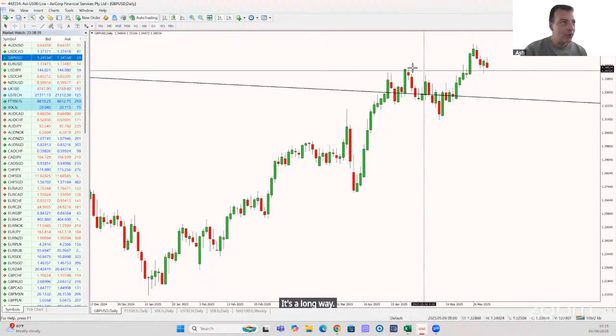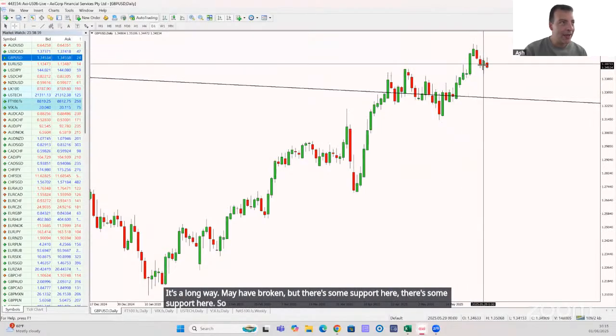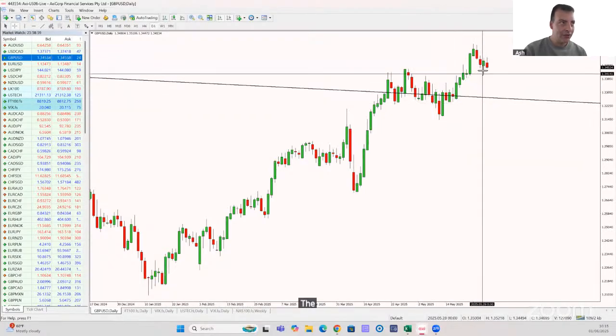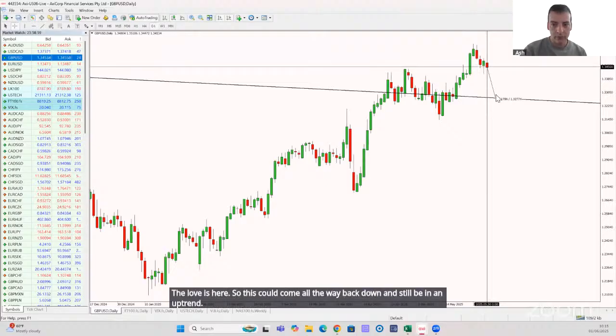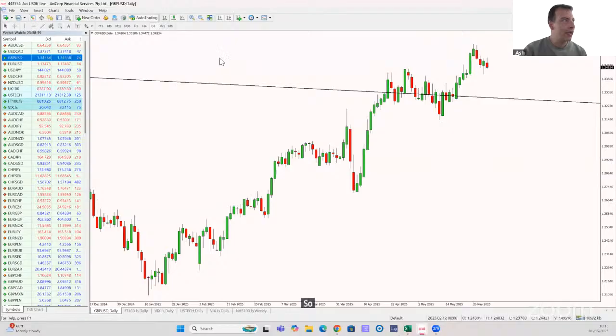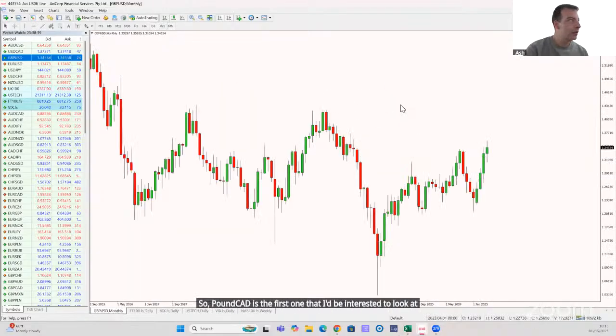May have broken, but there's some support here. For this particular pattern, the low is here, so this could come all the way back down and still be in an uptrend. So pound CAD is the first one that I'd be interested to look at next week.